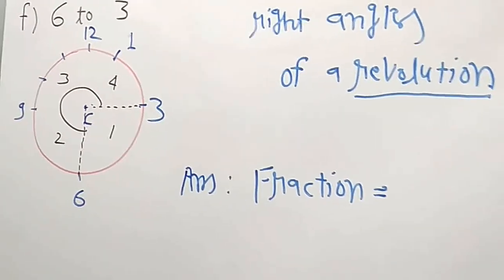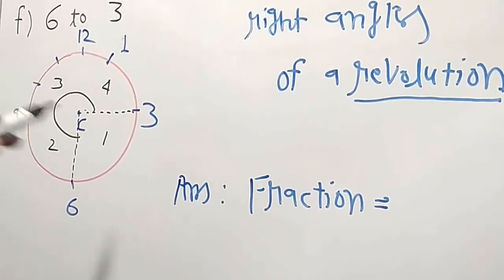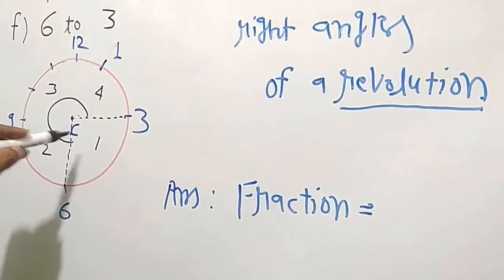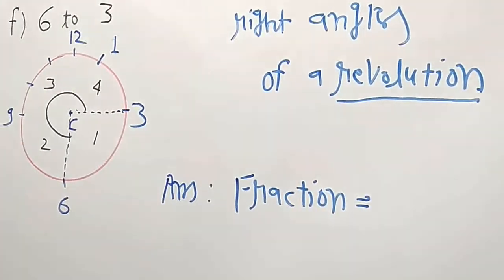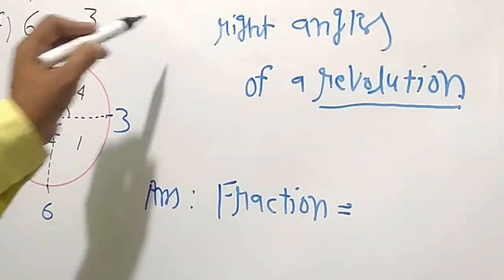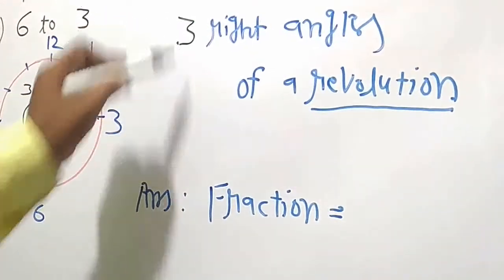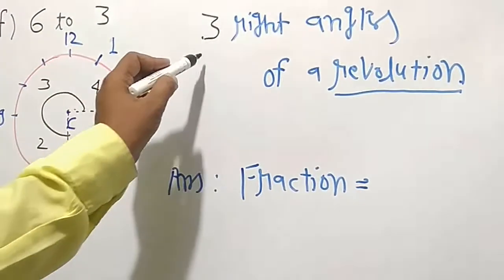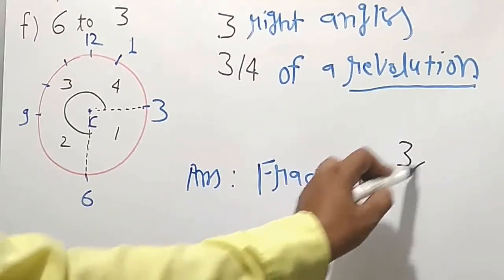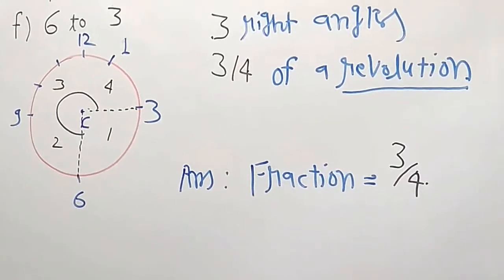So the denominator of this is 4, and we are talking about this 1, 2 and 3 parts. So it is 3/4 of a revolution, and we are using 3 right angles here. So we write here 3 right angles. The revolution is 3/4, so our fraction is 3/4 of a revolution.